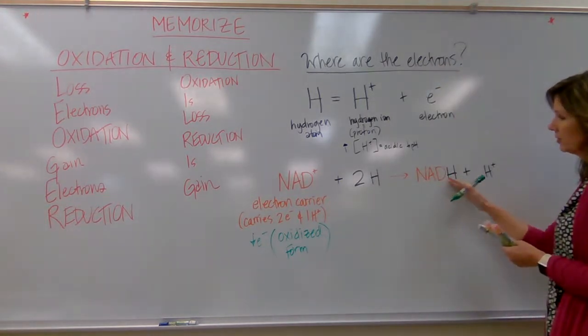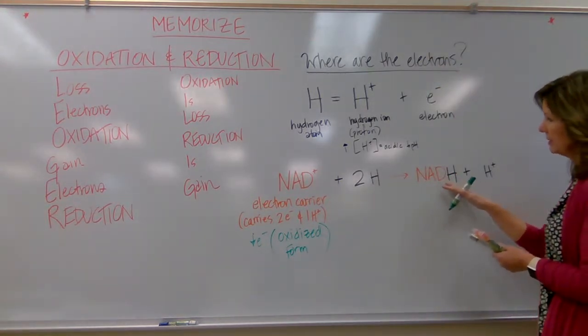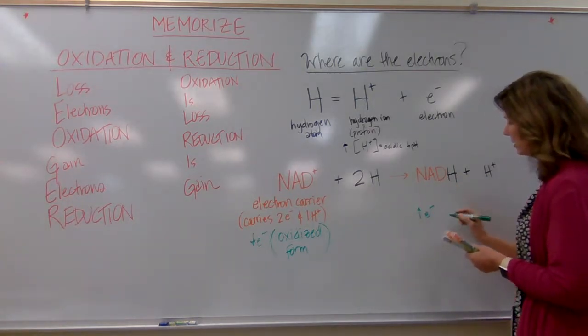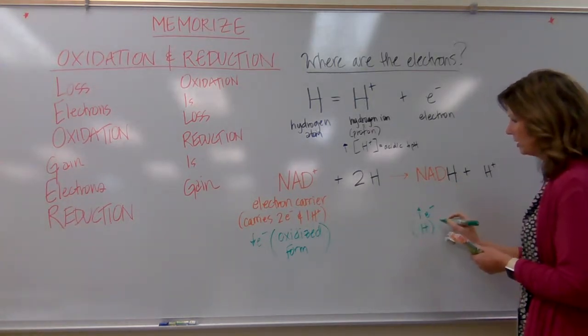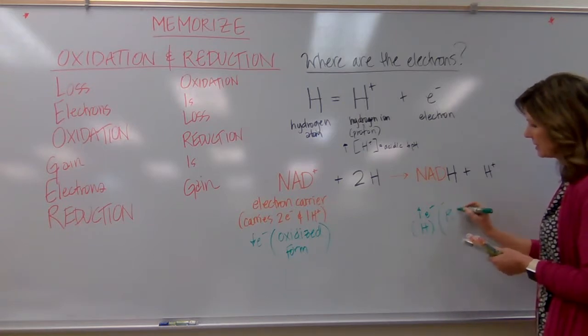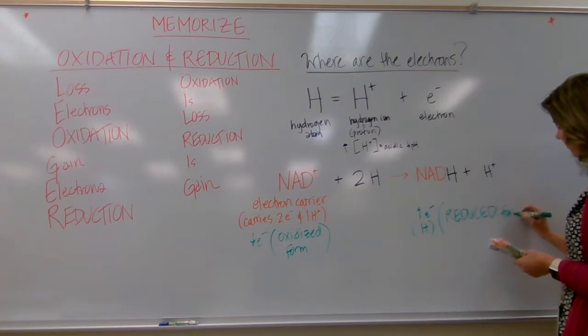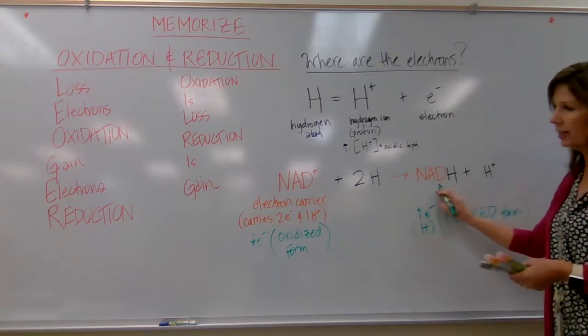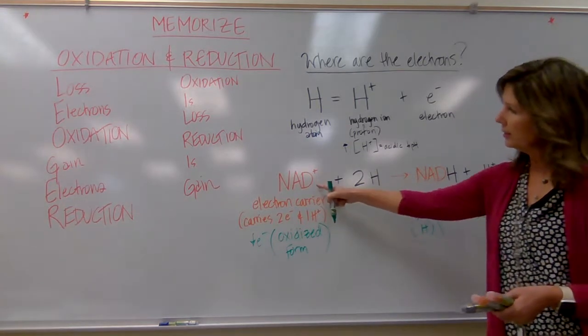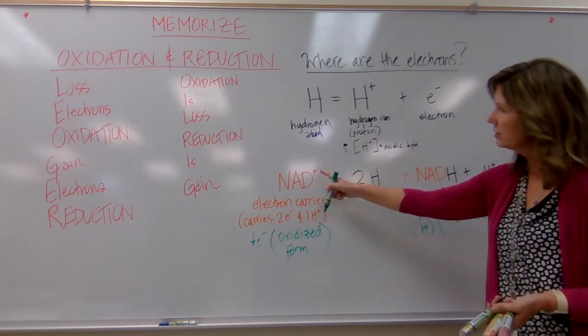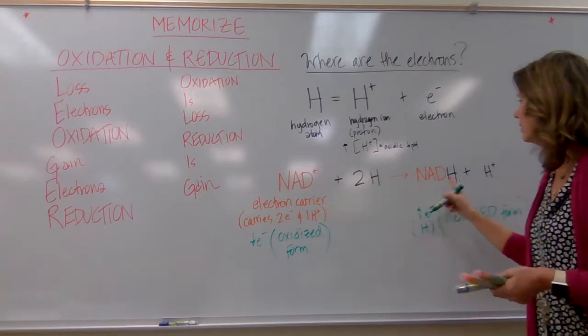Here on the side, you can see how it has gained the electron, because you do see that H, and that means that this is the reduced form of NAD. So NAD is oxidized. You cannot see the hydrogen, no electrons, no protons.